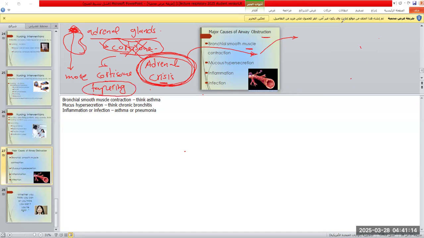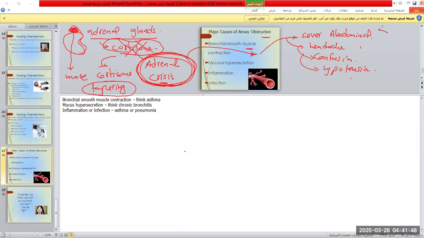Okay, so this is important. So what are the symptoms and signs of adrenal crisis? The patient will suffer from severe abdominal pain, severe headache, confusion, and also hypotension.